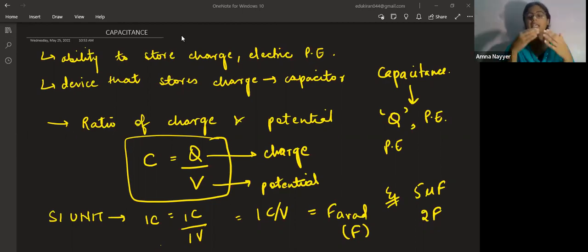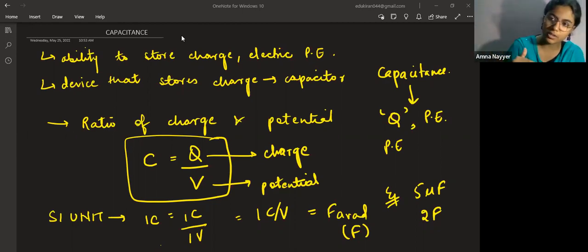Both the quantities we are aware of. So when we take the ratio of charge and potential, the quantity that we get is known as capacitance. You can define capacitance as the ability to store charges or electric potential energy, but you can also define it as the ratio of the charge and potential.